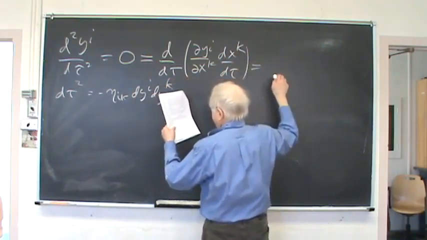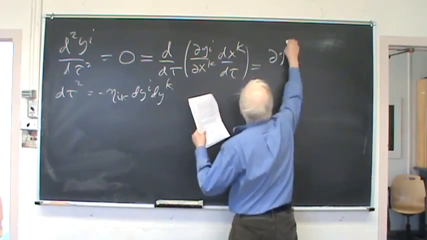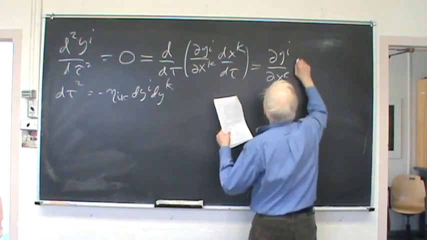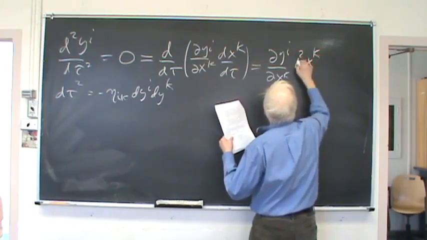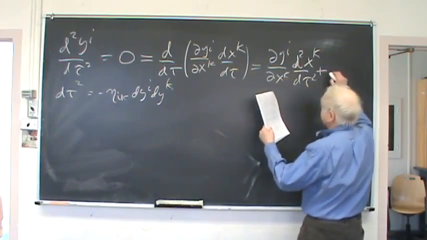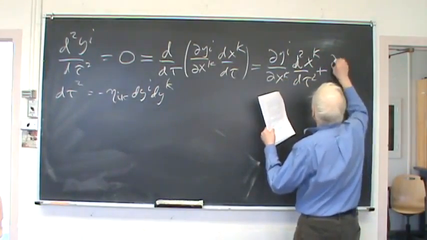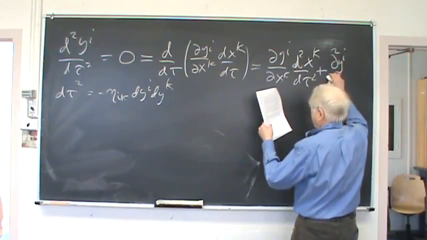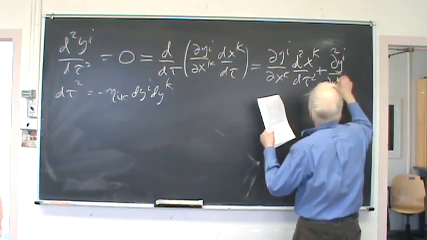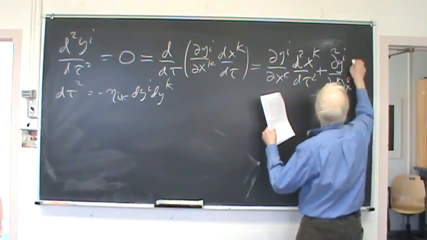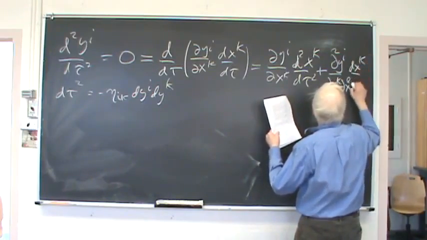And this then is dyi dxk d2xk d tau squared plus partial 2 yi partial xk partial xl dxk d tau dxl d tau.